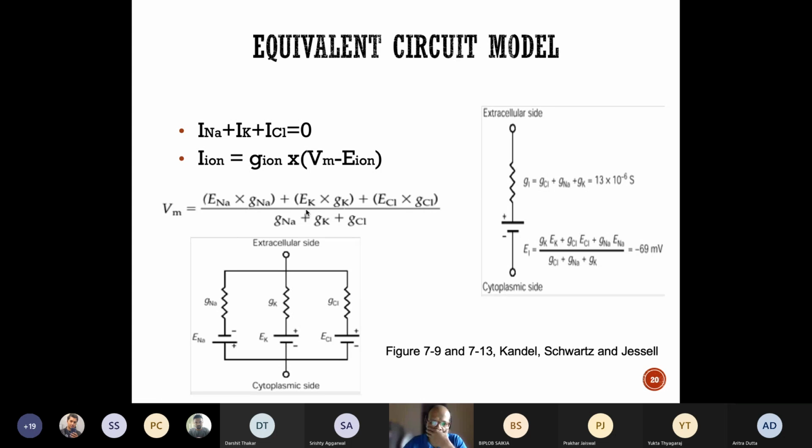Okay, so it's actually quite remarkable. In fact, you don't really even need the three, GK, GNa, GCl, these are three different ion channels. You can actually consider them as a single conductance. This is coming from here, whose total conductance is given by this. It's the sum of the three conductances, and a single battery which is equal to the resting membrane potential, which is about minus 70 millivolts in this case.